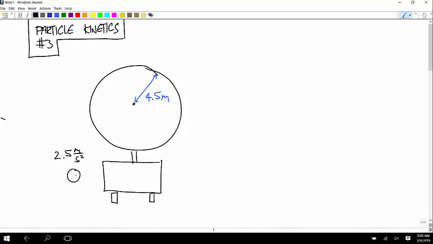And a vector, let's say it's going into the page, so that's the arrow. It doesn't say anything about which direction the Ferris wheel is moving, so I'll say counterclockwise with an angular speed of 1.2 radians per second.